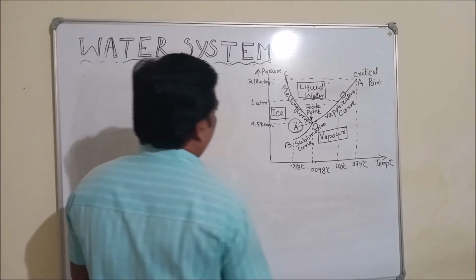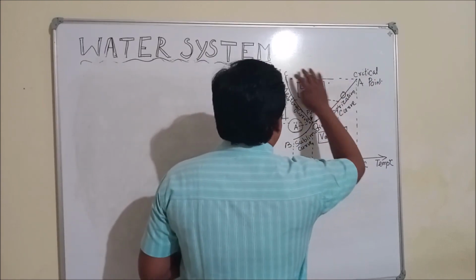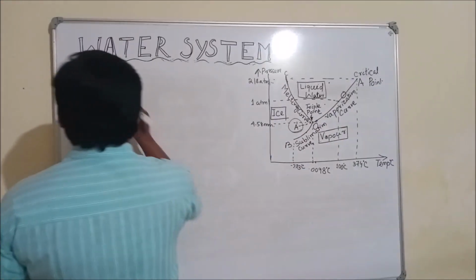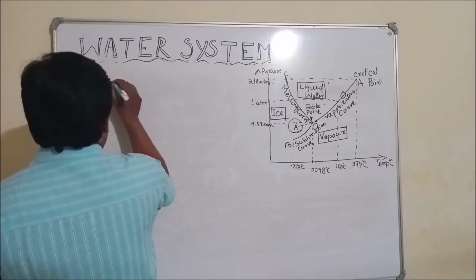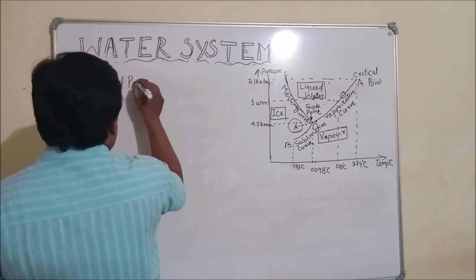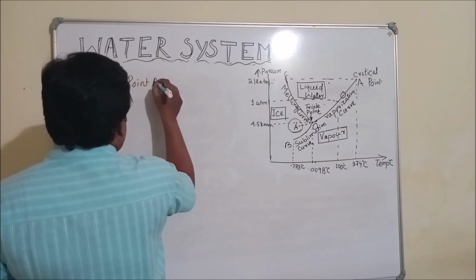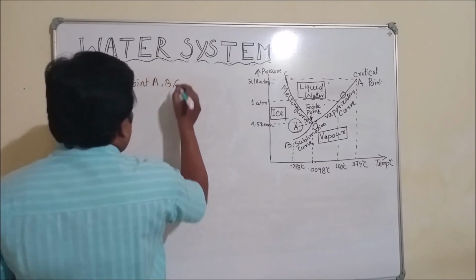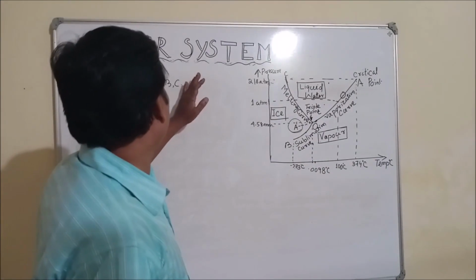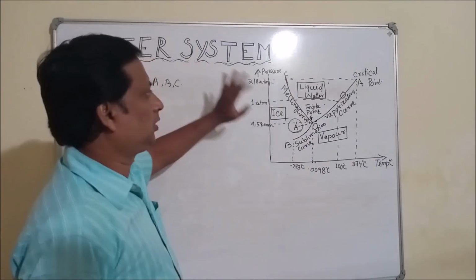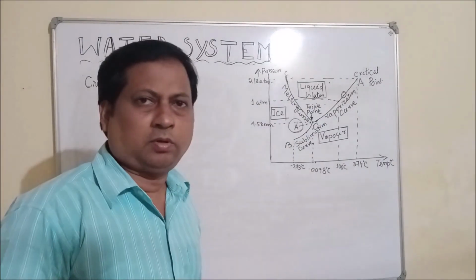So there are three critical points: A, B, C. So A, B, C are called the critical points because above this point, we cannot distinguish the phases.